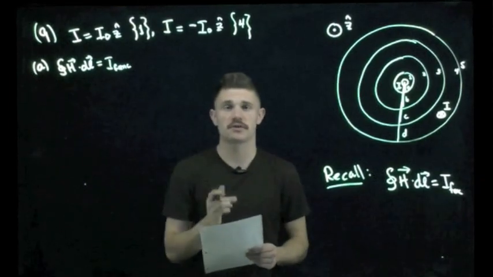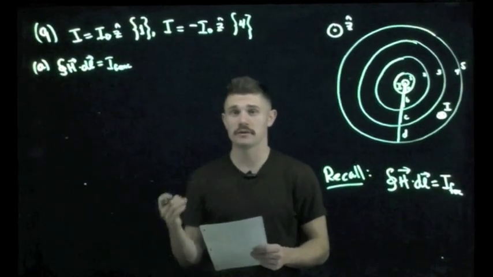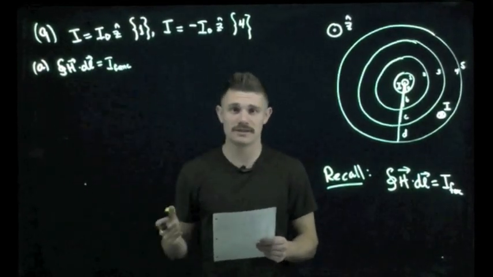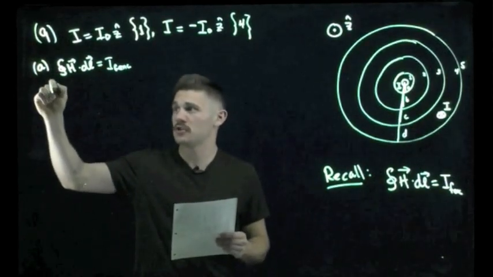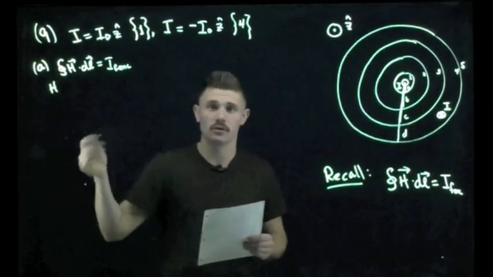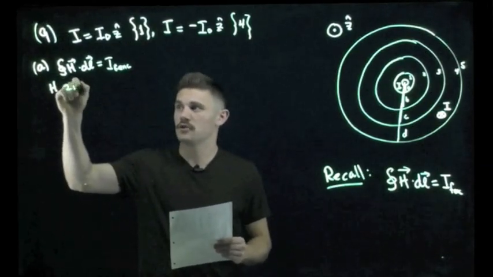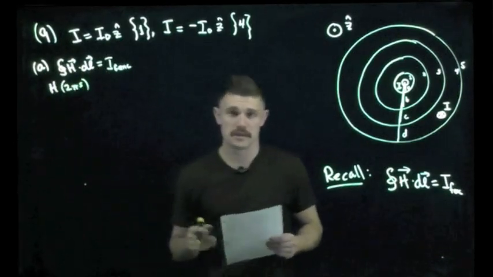If we go around the entire circumference of that Amperian loop, the auxiliary field H will always be parallel to that line element, dl. And in that case, we will always be able to pull this H outside of the integral. We have a closed integral around the entire circumference of the loop, which just gives us 2 pi s. So this side of Ampere's law will always be the same.